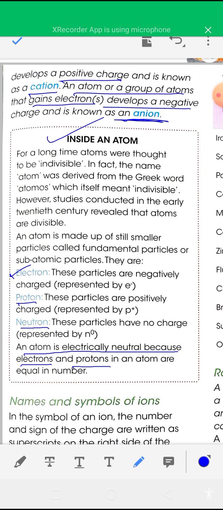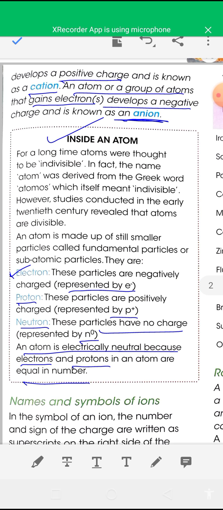And one more thing, remember this: neutrons are neutral particles, they have no charge, and a neutron is represented by n0. Proton is represented by p plus, and electron is represented by e minus, electron is negatively charged.